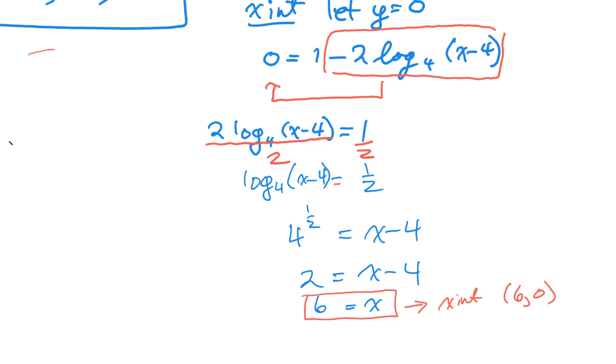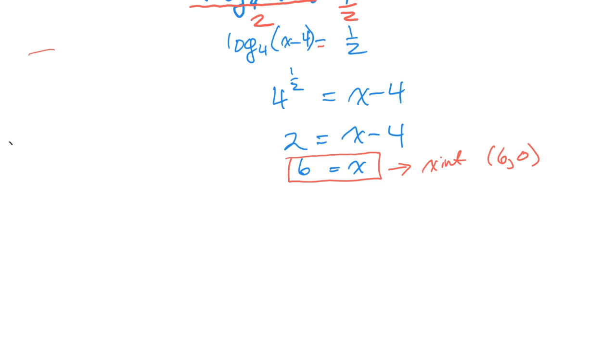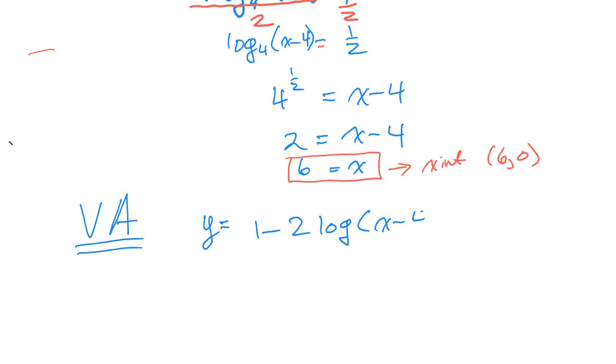All right. So now for the vertical asymptote, this is what our equation looks like: y is equal to 1 minus 2 log of x minus 4. Now, all we have to do is focus on what the log is actually doing.